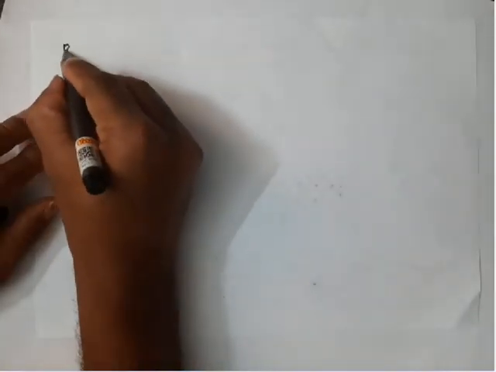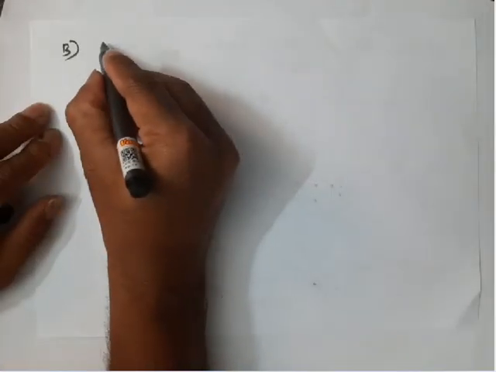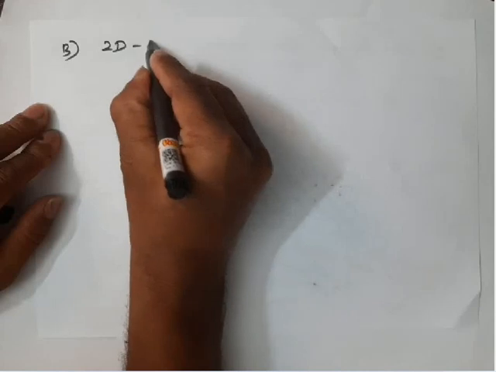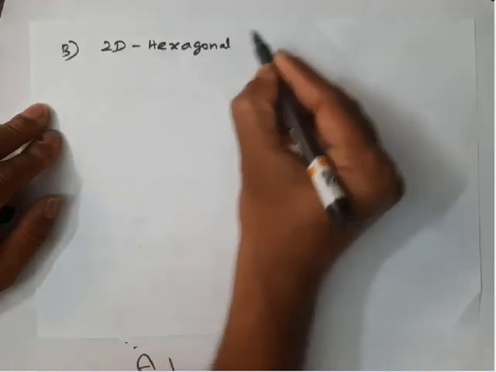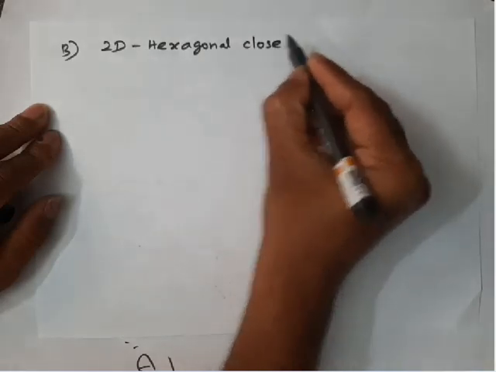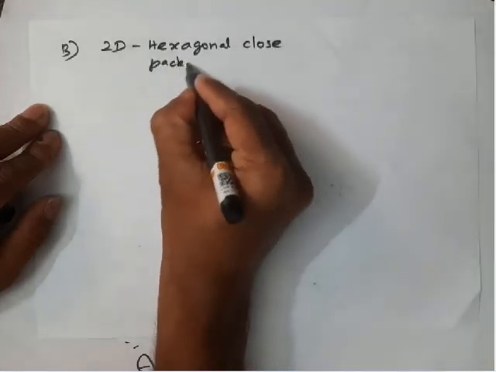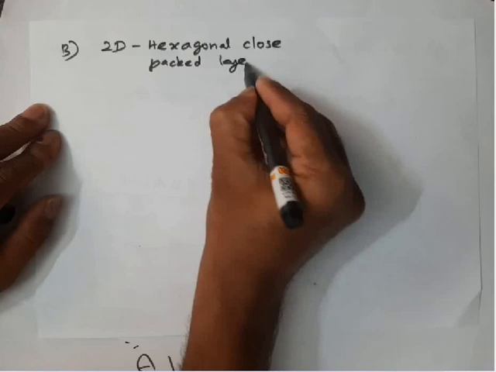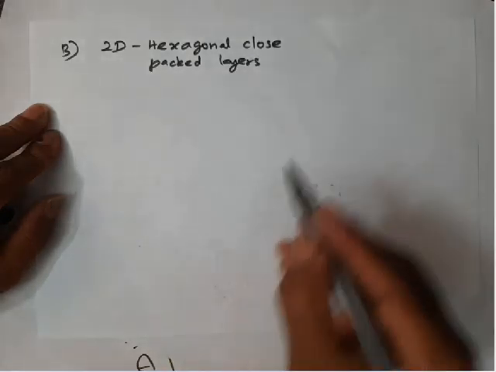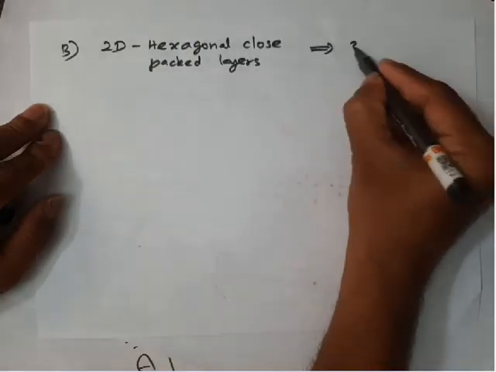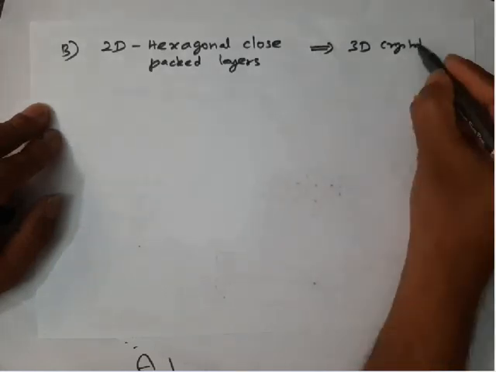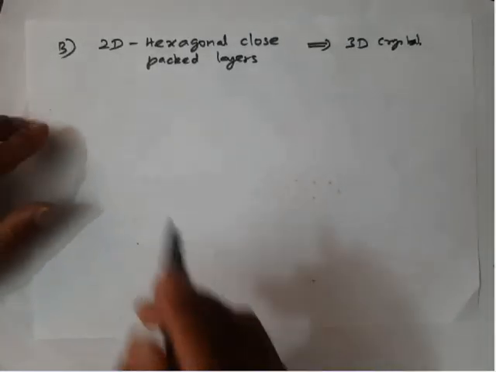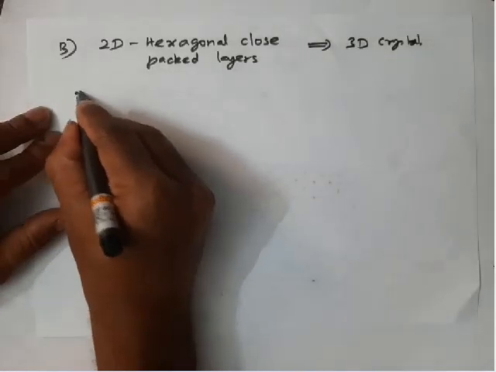So the second way of arrangement: you take 2-dimensional hexagonal close packed layers and form a 3D crystal. Here also you will get two different types of arrangement.